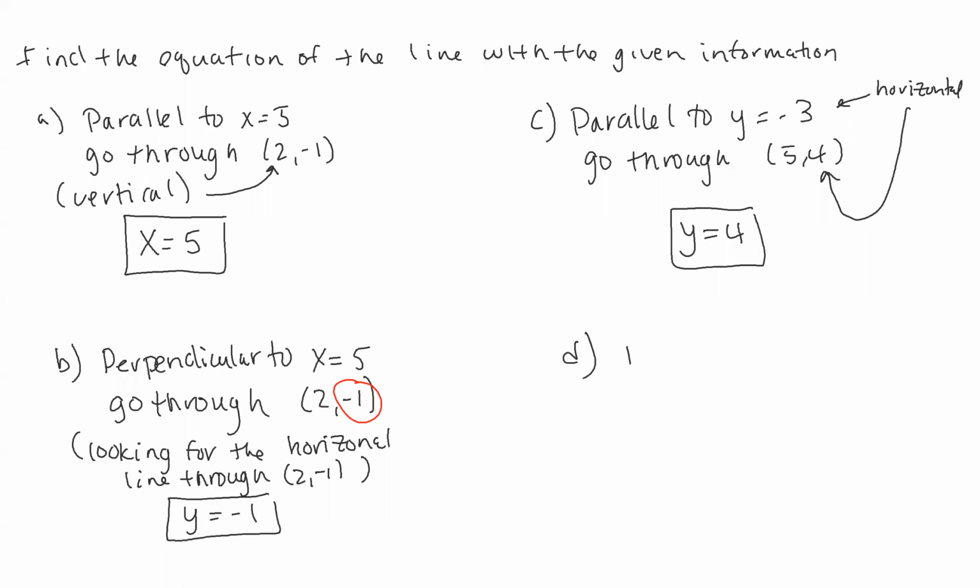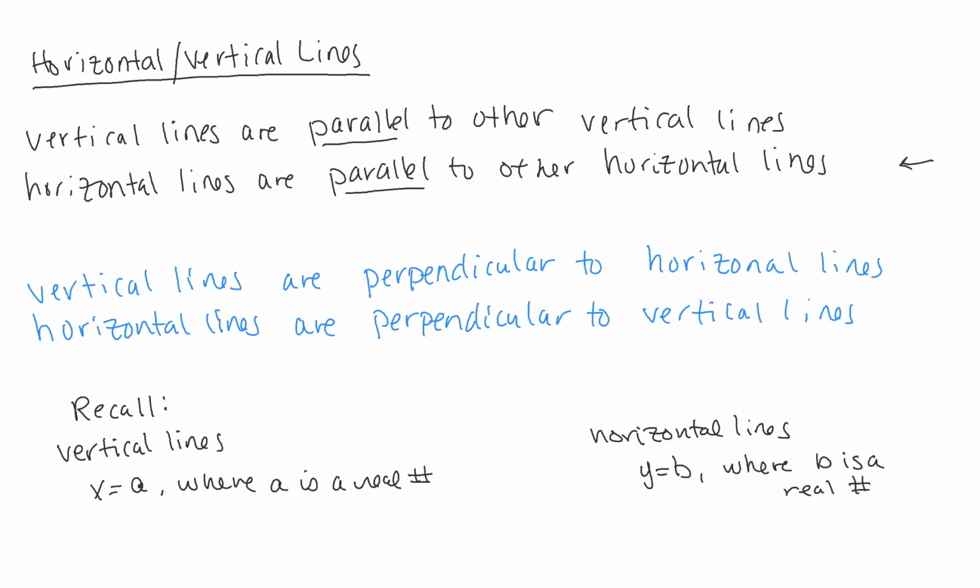Now I want to be perpendicular to y equals -3 and still go through 5, 4. Well, if we look at the previous screen, horizontal lines are perpendicular to vertical lines.